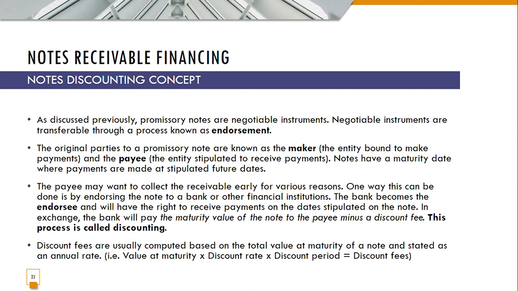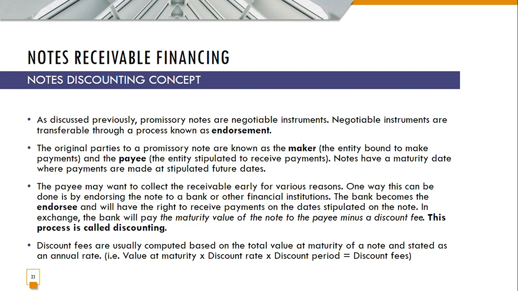The bank, in this case, becomes the endorsee and will have the right to receive payments on the dates stipulated on the note. In exchange, the bank will pay the maturity value of the note to the payee minus a discount fee. This is called discounting.